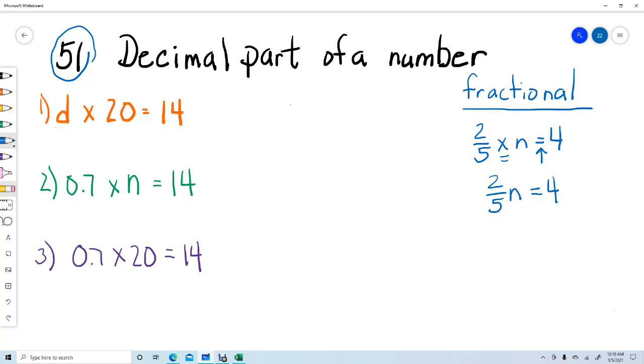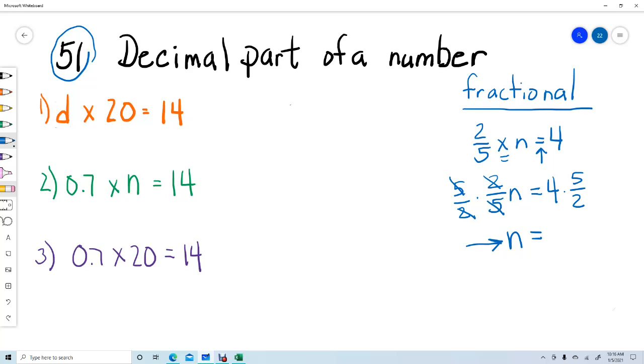If you remember our multiplication rules for equations, I can multiply the left-hand side by the reciprocal of 2/5, as long as I multiply the right-hand side, I've not done anything to make this a false equation. Once I do that, I can cancel this fraction on the left-hand side. Now I have n all by itself. That's always my goal for an algebra problem, to have my variable all by itself on the left and to have an answer on the right.